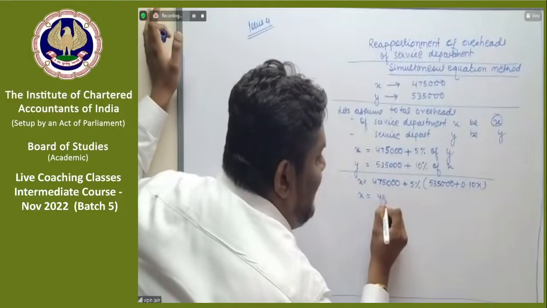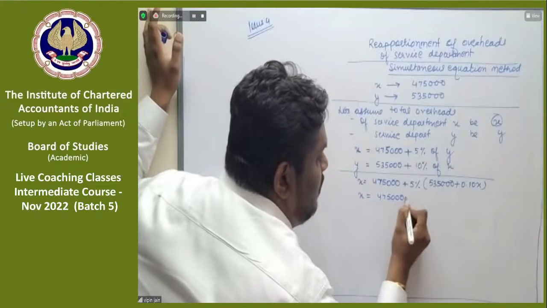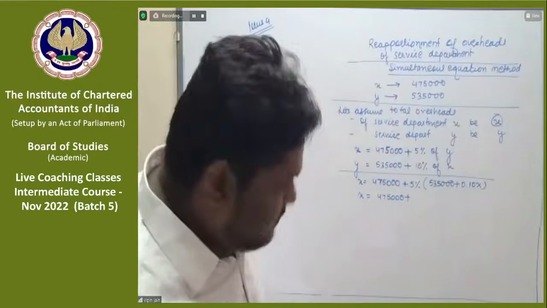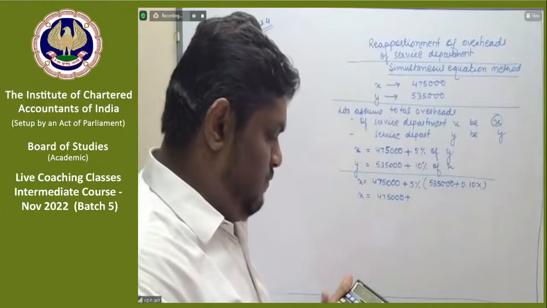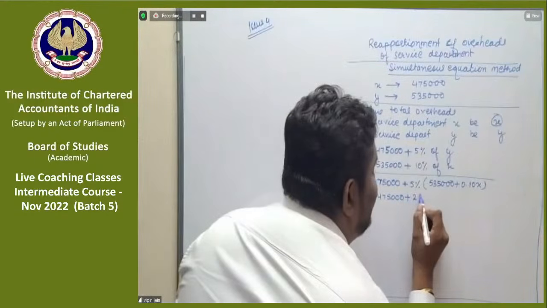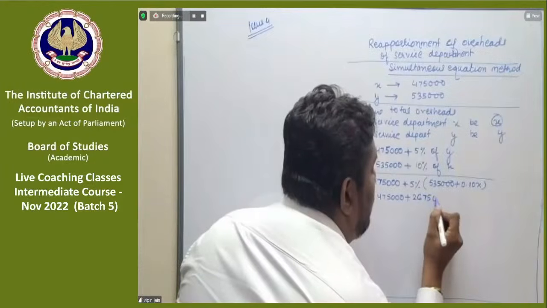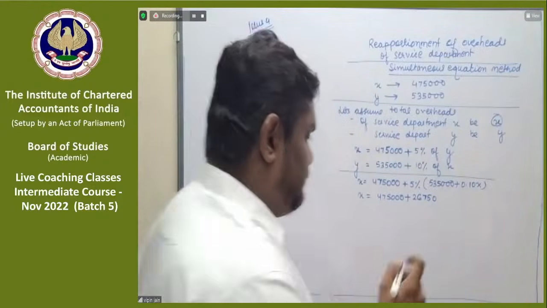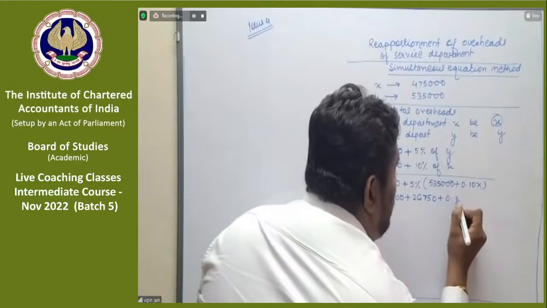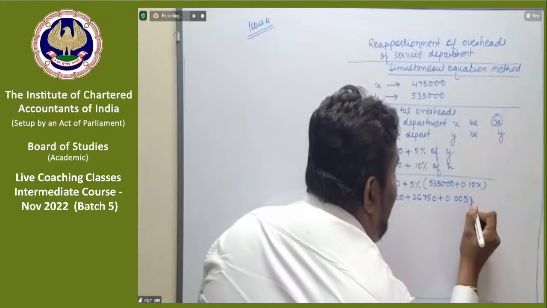So this will be 4,75,000 plus 26,750 plus 0.005x.